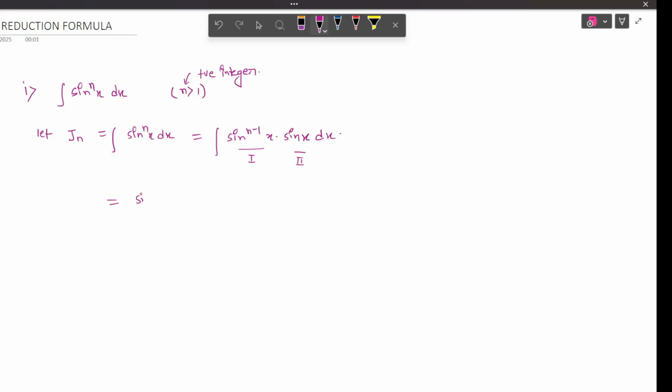So by parts would be sine to the power n minus 1 x into integration of sin x, that is minus cos x, minus integration of d/dx of sine to the power n minus 1 x. Differentiation would be n minus 1 sine to the power n minus 2 x into cos x, because for power we know it is n into x to the power n minus 1, and differentiation of sin x would be cos x, into integration of sin x, that is minus cos x, again dx.